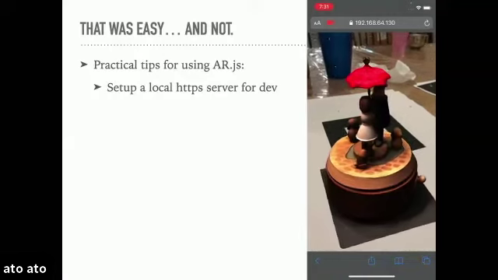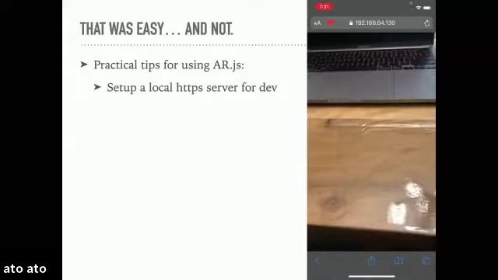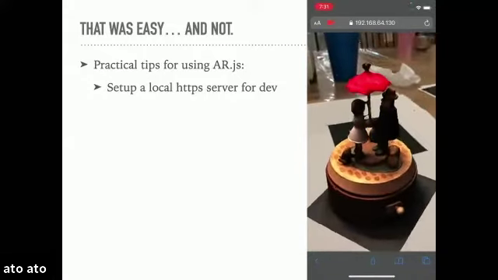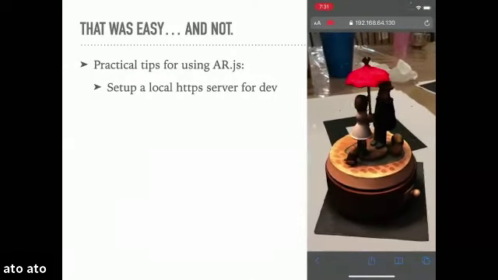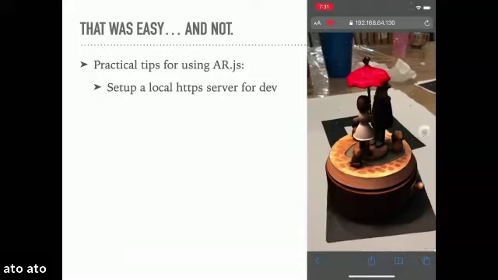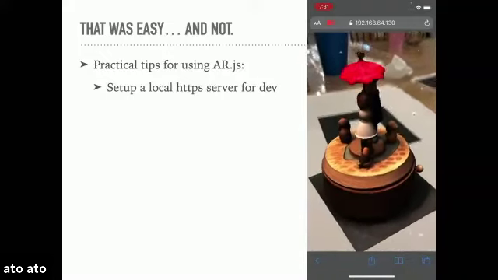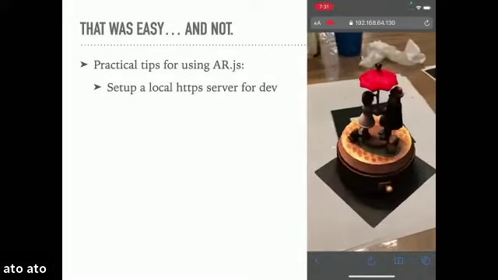You should work on setting up a local HTTPS server for dev. And the reason why is because although you could do some debugging of AR through your laptop's webcam, if you try to get the app running on an external device that's not localhost, the browser will require HTTPS in order to allow for WebRTC, or in other words, access to the camera.